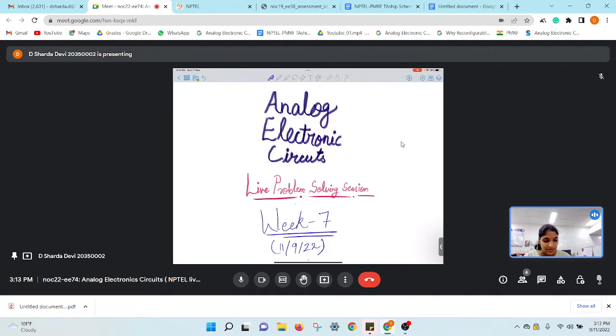Today we'll solve problems based upon OTA. Last time I asked a general question: what is the difference between a differential pair and an OTA? Ma'am, in an OTA, the output is single-ended.